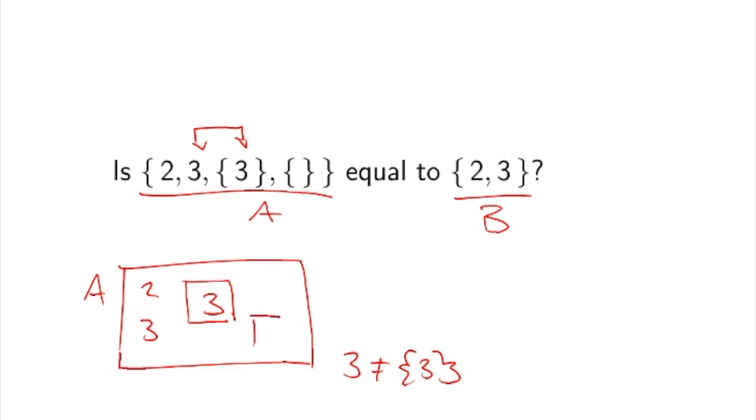Similarly, if we add in the empty set here, as there's no other empty set as a duplicate, we can't cancel that either. So in actual fact, what we end up with is this set over here. So we can say that A is not equal to B because it does not have this set 3 over here, and this empty set over here.